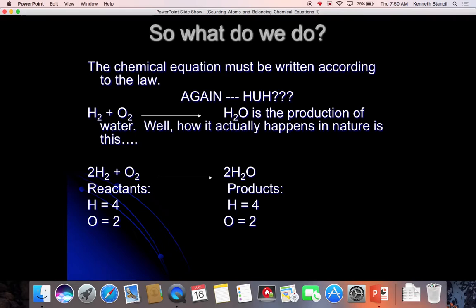So if we add a coefficient of 2 in front of hydrogen H2, what does that do for us? Well, we now have 4 hydrogen and we have 2 oxygen. We got our oxygen back, right?